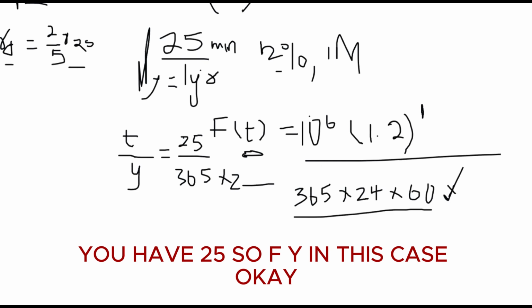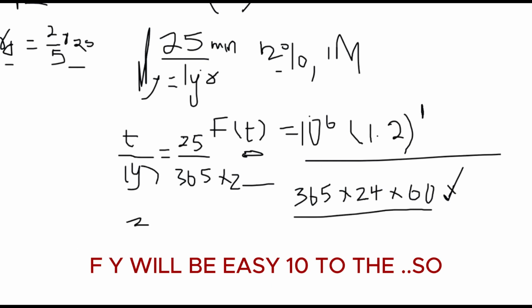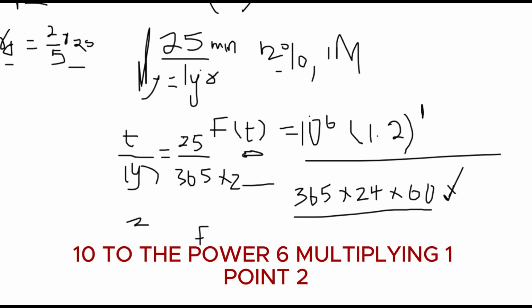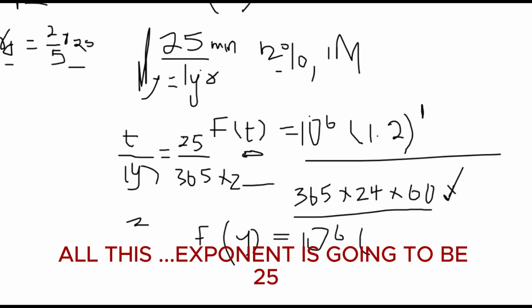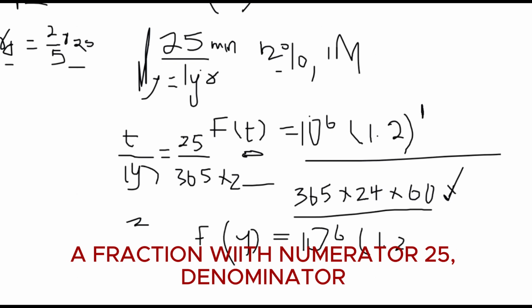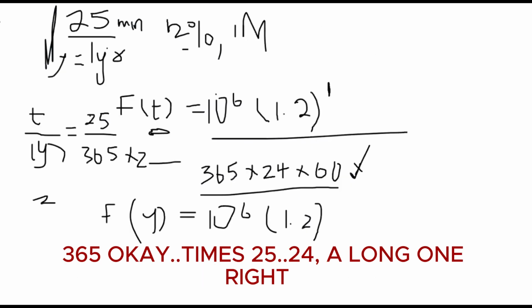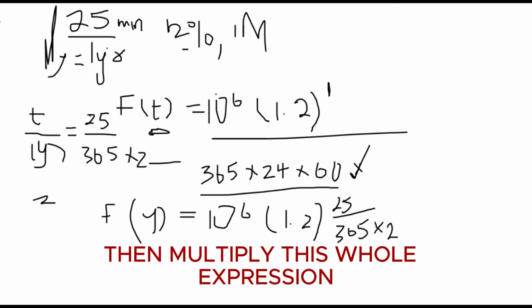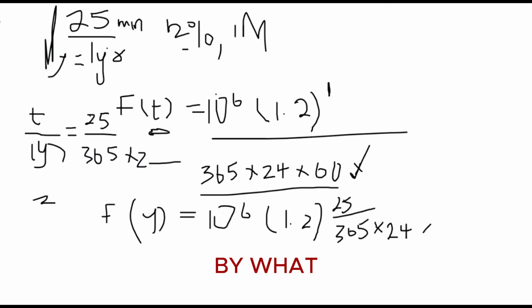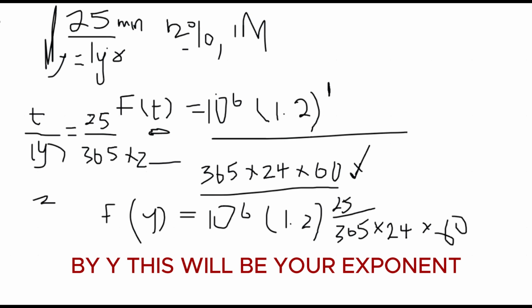So FY in this case will be 10 to the power 6 multiplying 1.02 to an exponent, and the exponent is going to be a fraction: numerator 25, denominator 365 times 24 times 60, a long one, right? Then multiply this whole expression by Y. This will be your exponent.